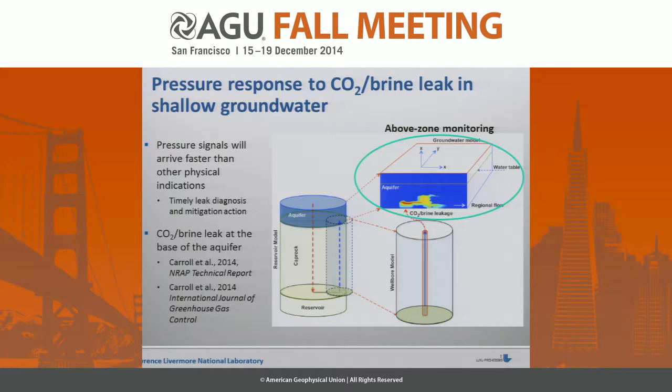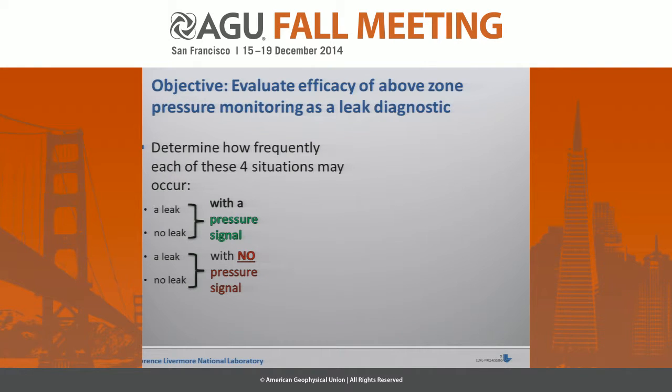More details and background can be found in these two papers by Carroll et al. We'll use these already defined leakage rates as a CO2 and brine source at the bottom of our aquifer model. Again, the objective is to evaluate the efficacy of above zone pressure monitoring as a leak diagnosis. Specifically, we want to determine how frequently each of these four situations might occur.